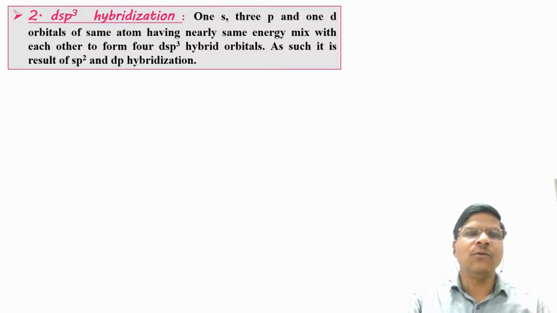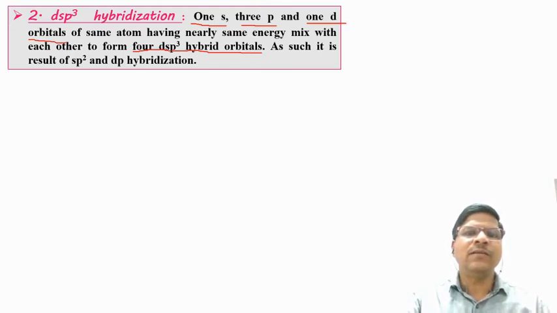The second type of hybridization involving s, d, and p orbitals is dsp3 hybridization. So the name itself indicates that there is an involvement of 1s, 3p, and 1d orbitals. So totally 5 atomic orbitals are involved, and we get formation of 5 dsp3 hybrid atomic orbitals in the process.